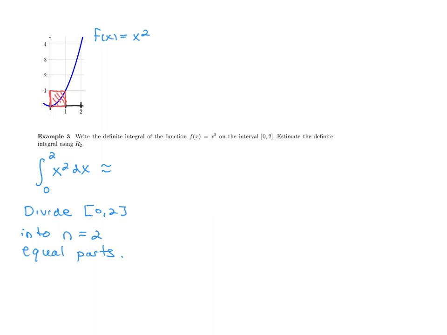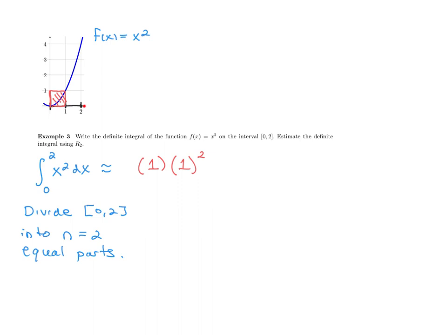What is the area of that square? Well, it's base times height. The base is 1, and the height is determined by taking the right endpoint and putting it into the function, so squaring 1, which actually is also 1. So no surprise here. This is the formula for the area of this square, and it simplifies to 1.